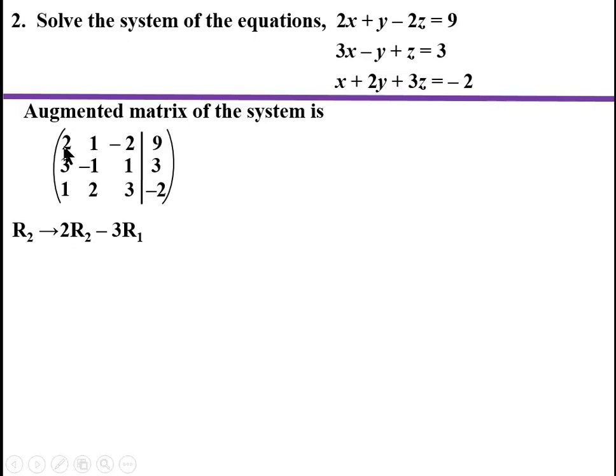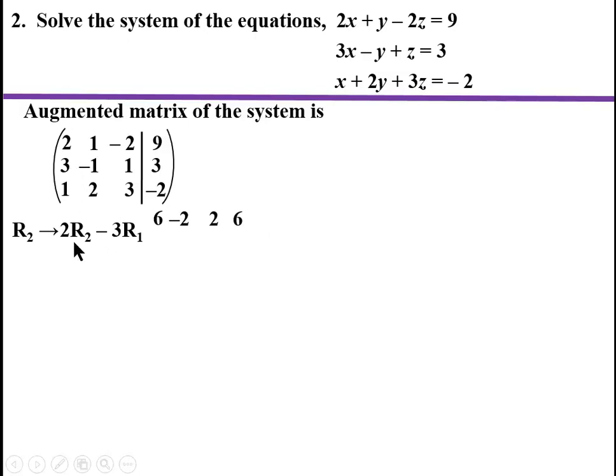So we go 2 times row 2: 2 times 3 gives 6, 2 times negative 1 gives negative 2, 2 times 1 gives 2, and 2 times 3 gives 6.